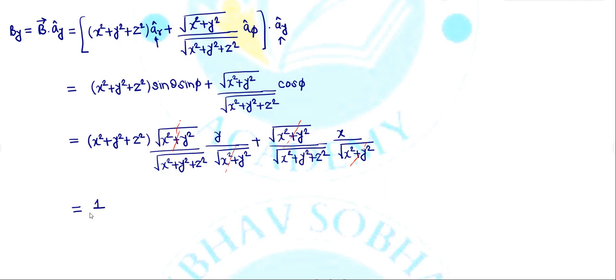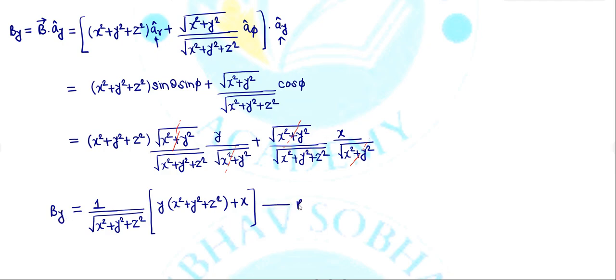So write it as 1 divided by square root of x square plus y square plus z square, and this y into this x square plus y square plus z square, plus, now here in this case we are left with x value only. So this is the value for By, and say it for equation B.